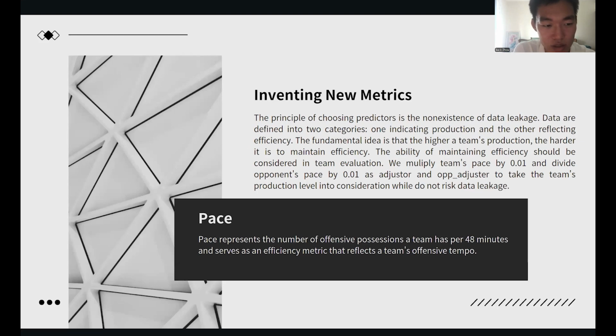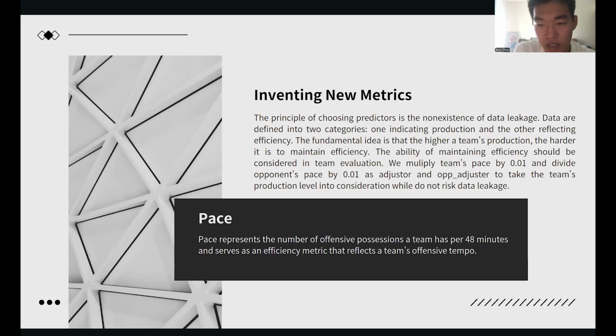Inventing new metrics. The principle of choosing predictors is the non-existence of data leakage. Data are defined into two categories, one indicating production and the other reflecting efficiency. The fundamental idea is that the higher a team's production, the harder it is to maintain efficiency.